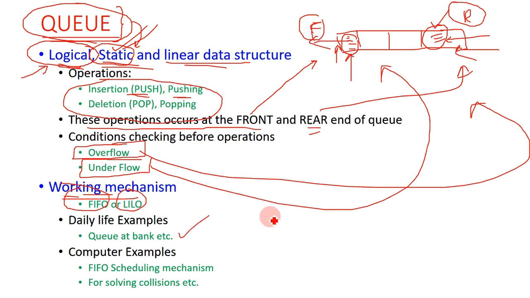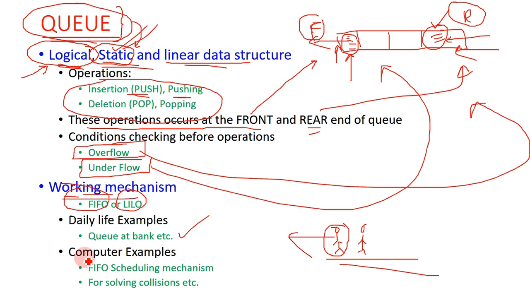Daily life example: when you want to deposit your university slip or any other deposit in a bank and there are multiple persons, the person that comes first will be served first. Okay, so this is the best example of queue.